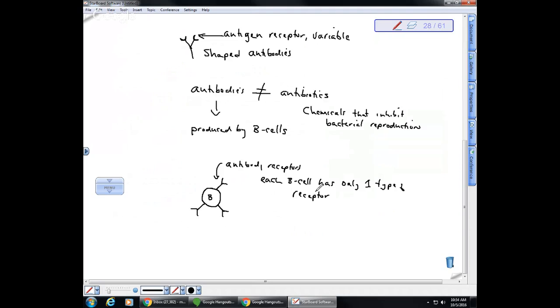So antibodies are randomly produced by gene shuffling. That is important because it is just by chance that we may have a B cell produced that will be able to recognize a pathogen in our body.